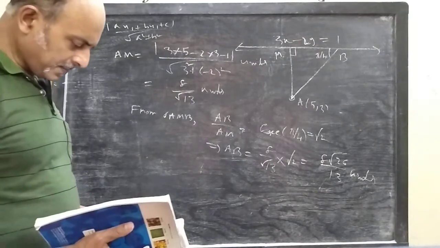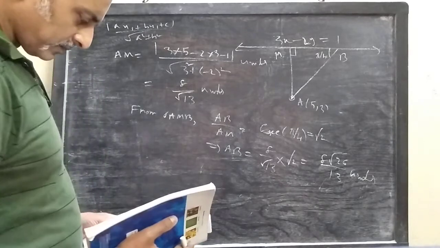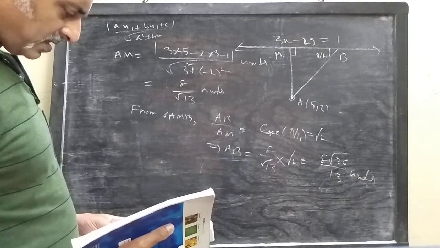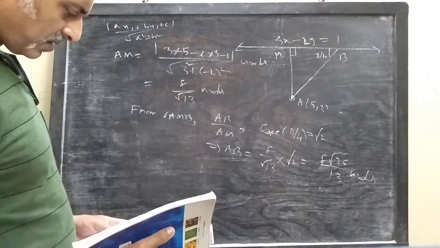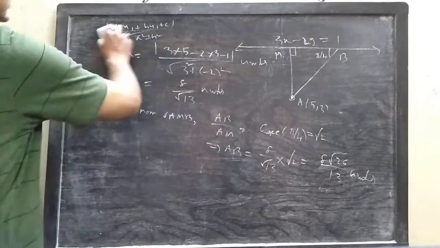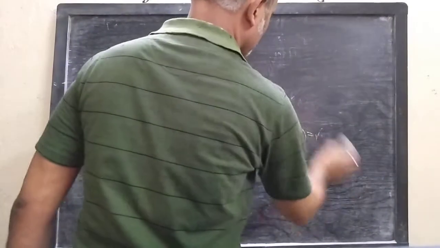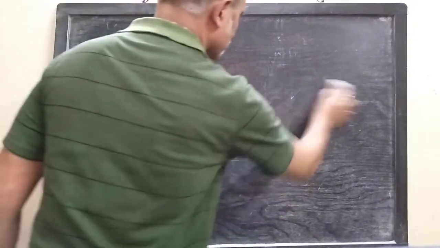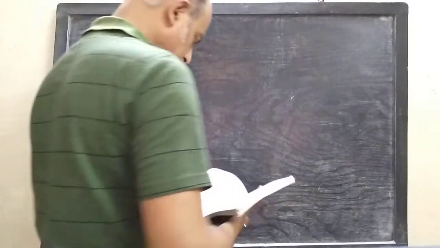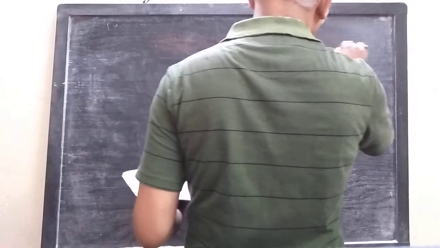Okay. Next question. Equation of a side of a rectangle is this, and the two vertices are this. Find the equation of the other three sides. Let us consider a rectangle here.